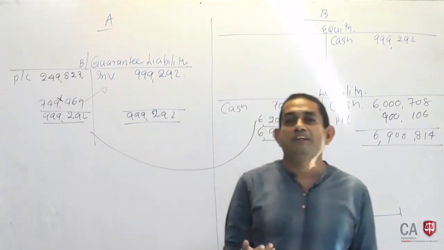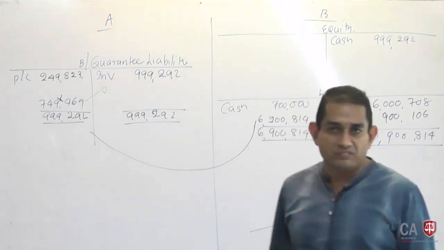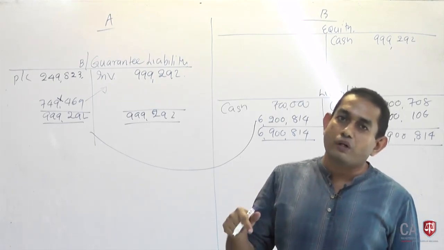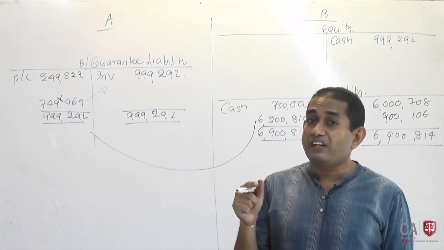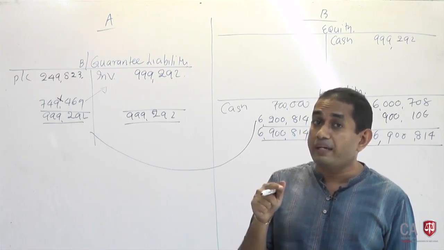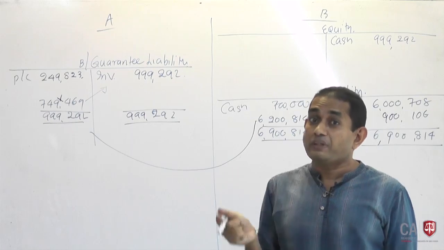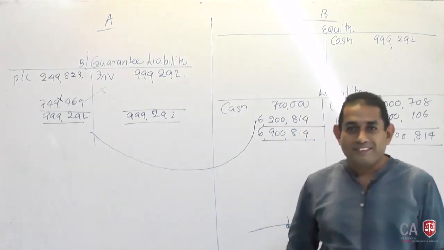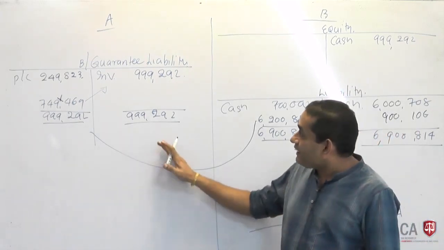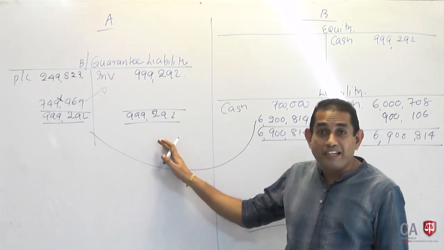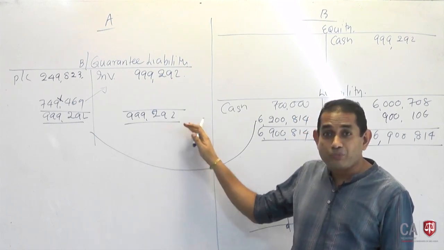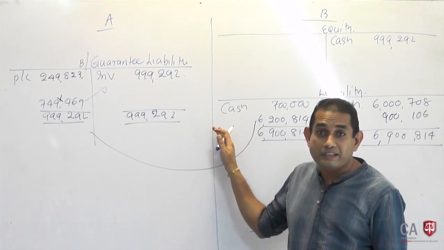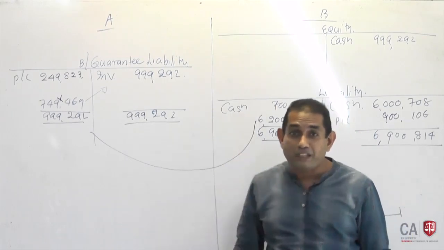And this is something similar to best man in a wedding. Best man, what is the role of the best man? Best man is responsible of taking over the responsibility of the bride if the groom dies. Now, here company A is playing the role of the best man, still not the groom. A has to take over the responsibility of the bride, which is the bank loan, only if company B defaults.